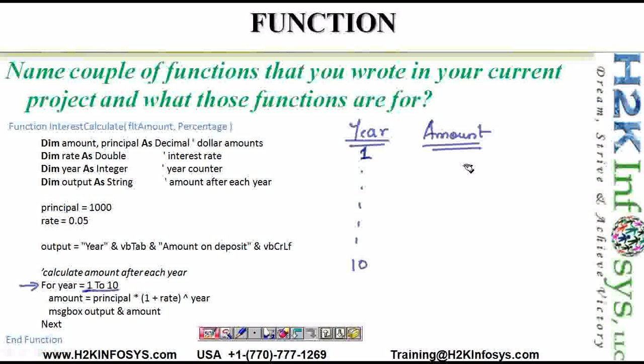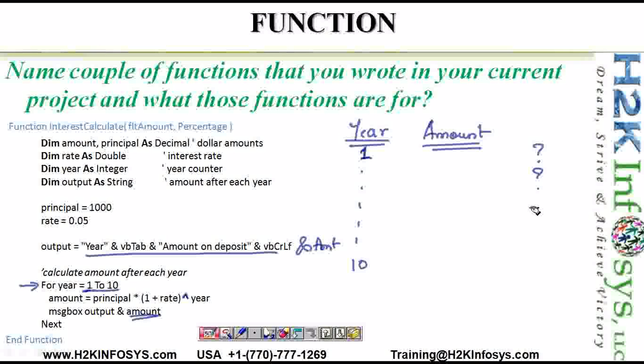The amount is principal multiplied by 1 plus rate, raised to the year. And then we get the output every time, the amount, and we need to display this output, and the amount is displayed for each and every year. So for the first year, how much is the amount to be paid?